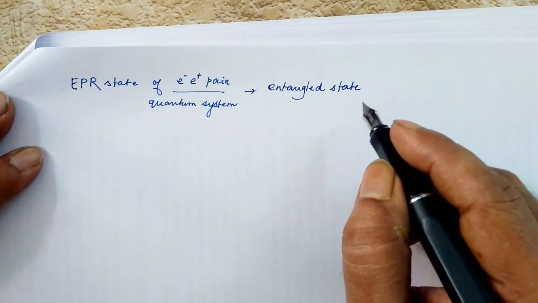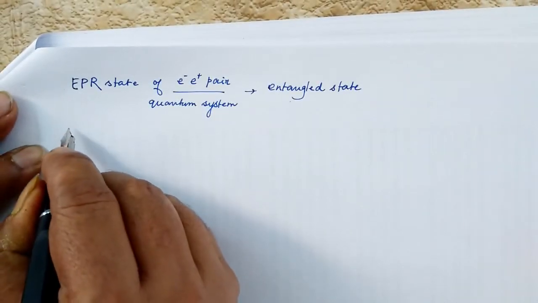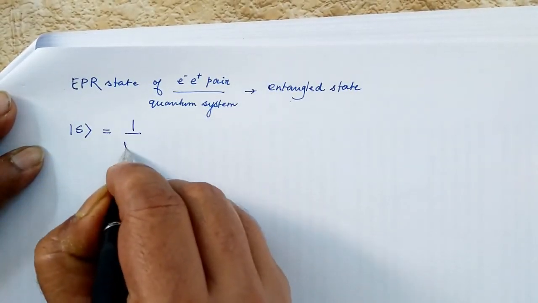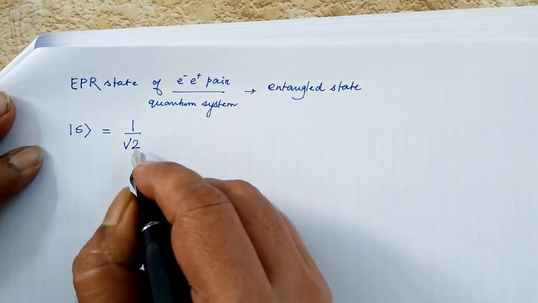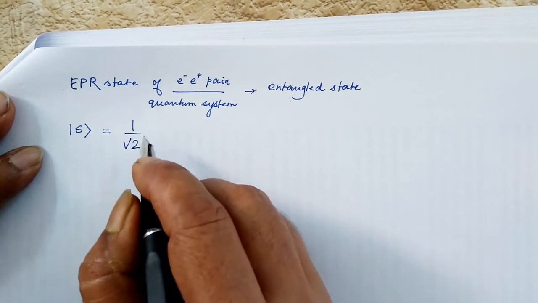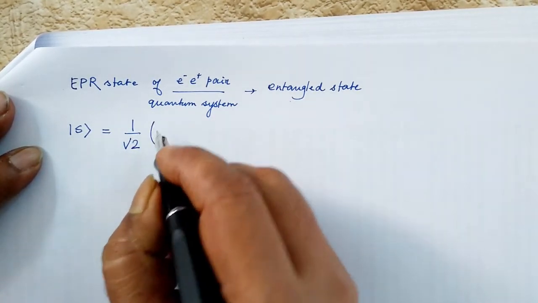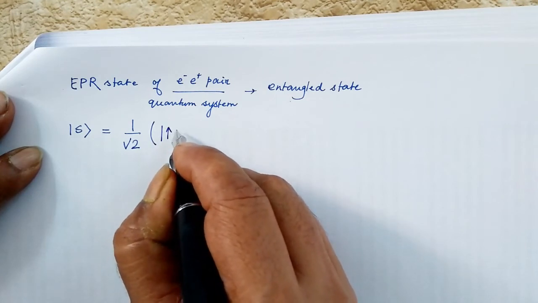If you want to write it in terms of Dirac notation, we write it like this. We write 1 by root 2. The 1 by root 2 comes simply as part of a normalization procedure. It is just a coefficient, and this is the state that we write.